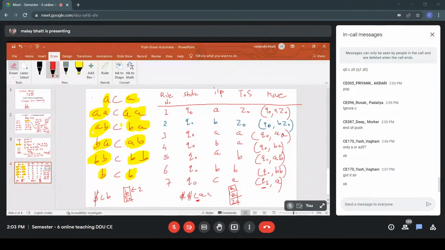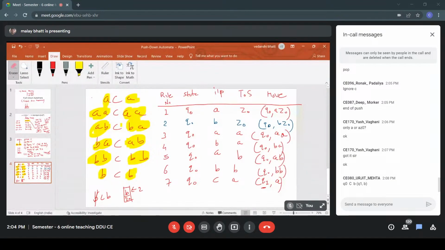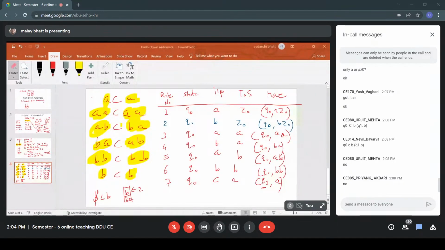Okay, now let us proceed with this. If this is our example, B, C, B, what will we do? First B will be pushed on the stack. After that, as per rule number 2, when the C comes, can we apply rule number 7? No. So we need a separate rule for that.